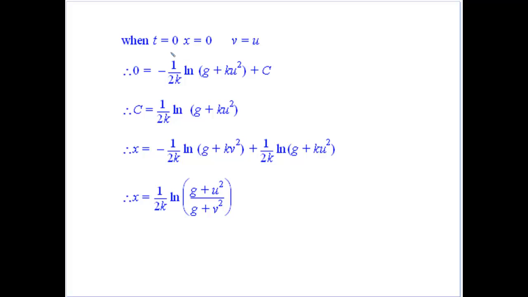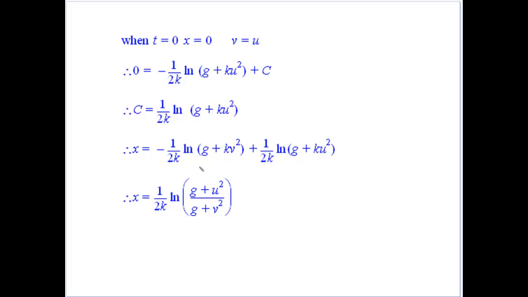And we know that when t is equal to 0, x is equal to 0, and v is equal to u. So we're able to do those substitutions in. x is equal to 0, minus 1 on 2k, natural log of g plus ku squared, plus the constant. And then we're able to get our constant there, 1 on 2k, natural log of g plus ku squared.